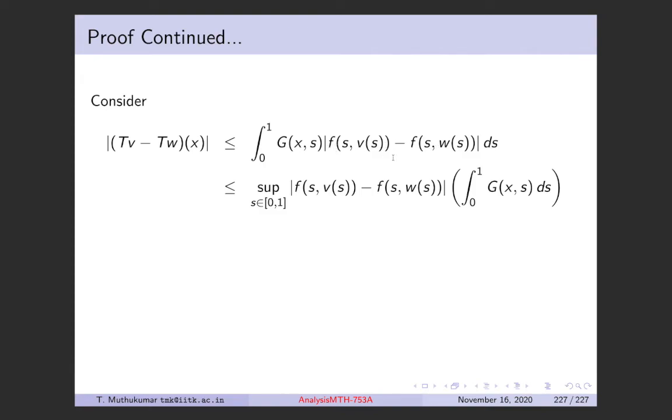So for all s in 0 1, the range of this f is actually in a compact set, so you can take the supremum of that, because f is a continuous function. So this is a finite quantity, so if we take the supremum, what is left is the integral from 0 to 1 of G(x, s), the Green's function.